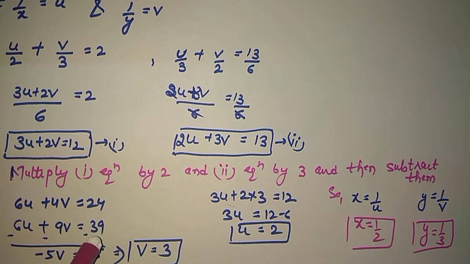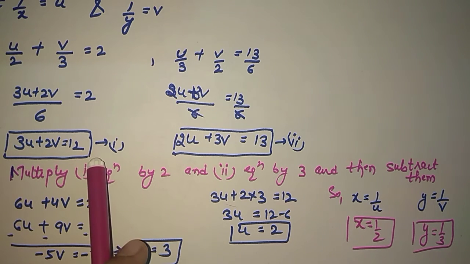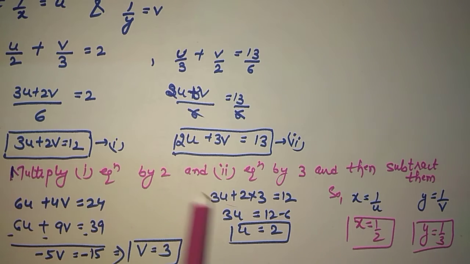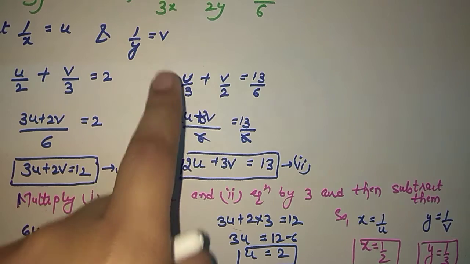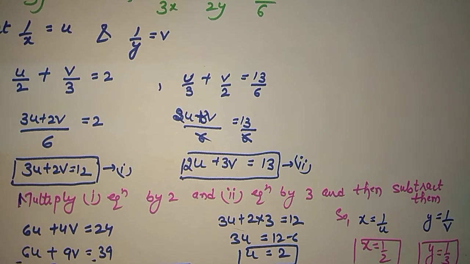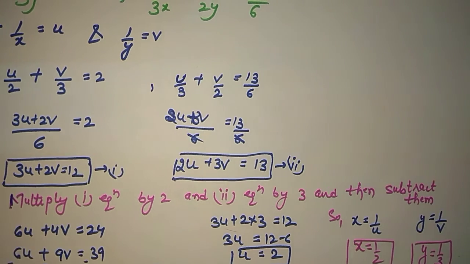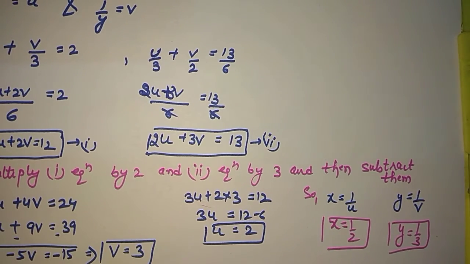Then on subtracting I have the value of v. v is equal to 3, and on substituting this v in the above equation, we have the value of u, that is 2.